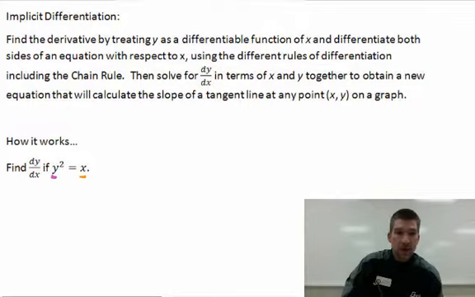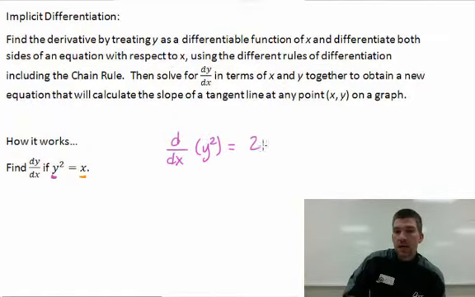So if I've got that y squared guy, if I differentiate y squared, so d/dx of y squared, then I'm going to do 2 times y to the first power, which is basically 2y, times dy/dx.